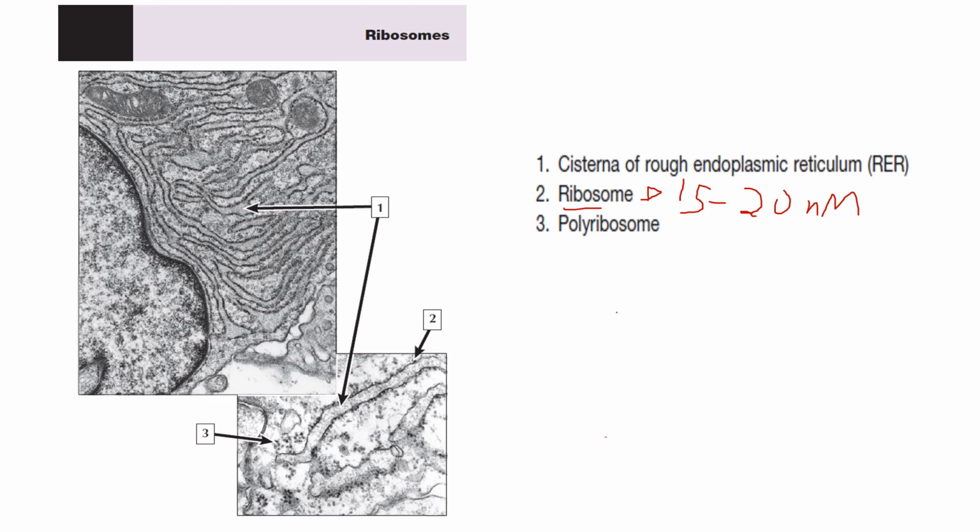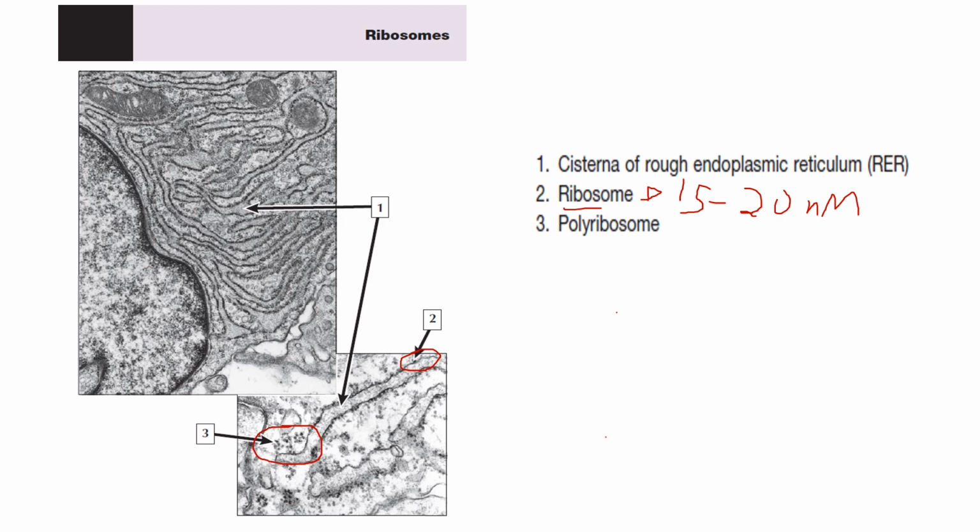Free ribosomes, shown here in number 2, occur in the cytoplasm, and they are single particles or rosette-like clusters. When the free ribosomes form clusters or groups, such as in number 3 over here, they are then called polyribosomes.